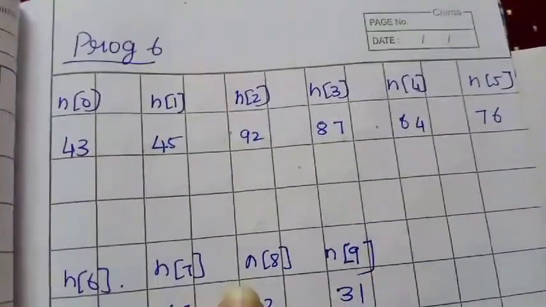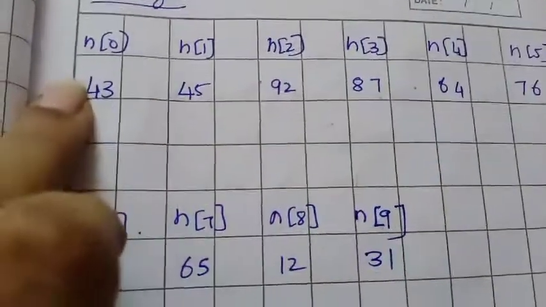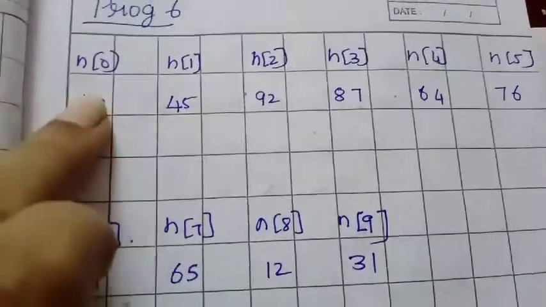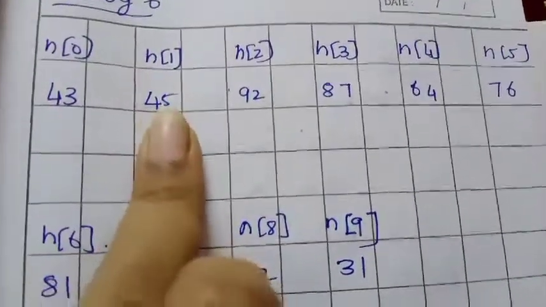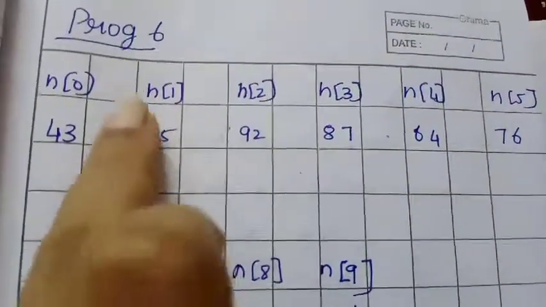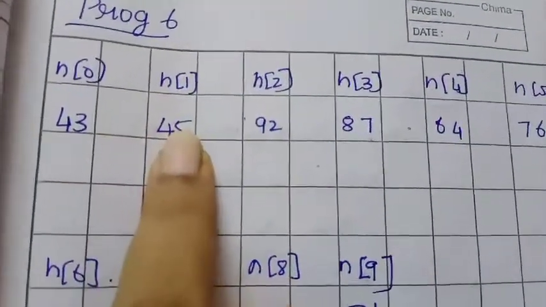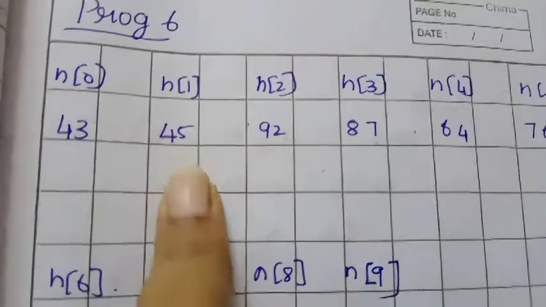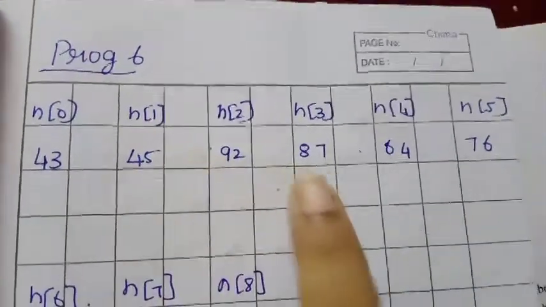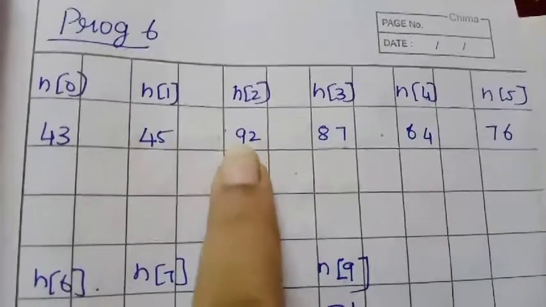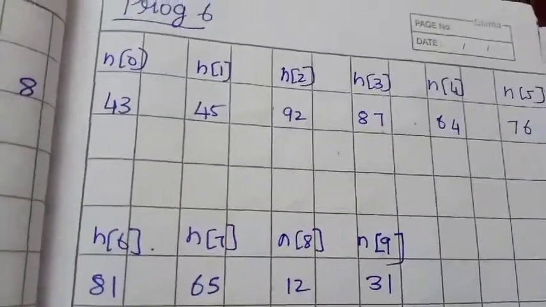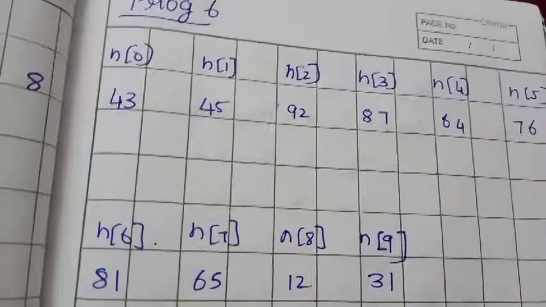The lowest number has been found, this 12 has been found and put in the n of 0. So you are going to find the second lowest. For that, you are keeping the n of 1 as your lowest element, and again you are going to do the same process, compare it with 92, 87, 64. So these all are greater, and again it will come here.